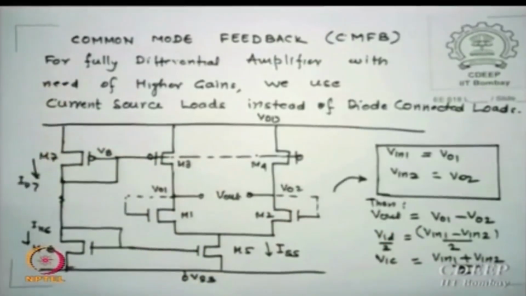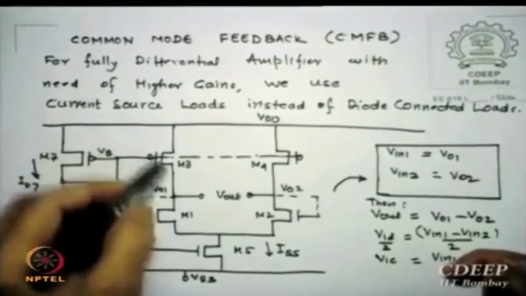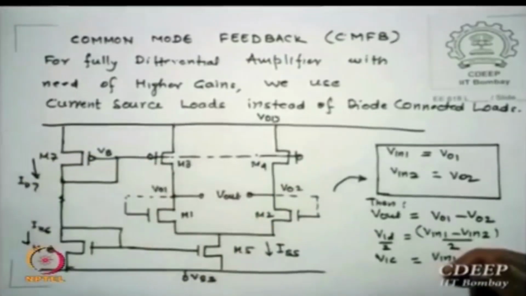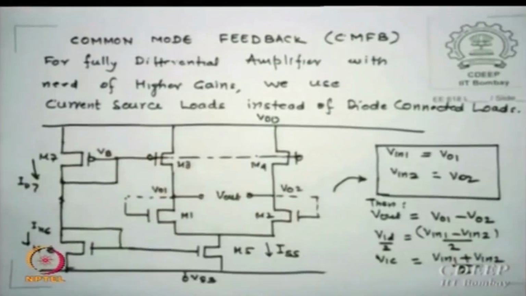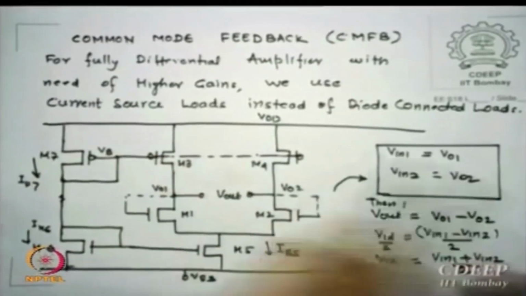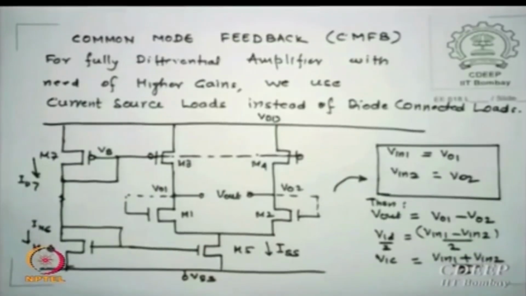Now this issue, which looks very odd, is very interesting to understand. The current flowing in IDS3 or IDS4 should be ISS by 2 and ISS by 2, we want that to happen, but let us say for variation purposes it does not occur.